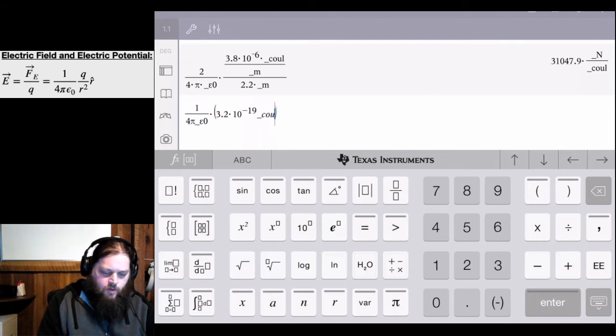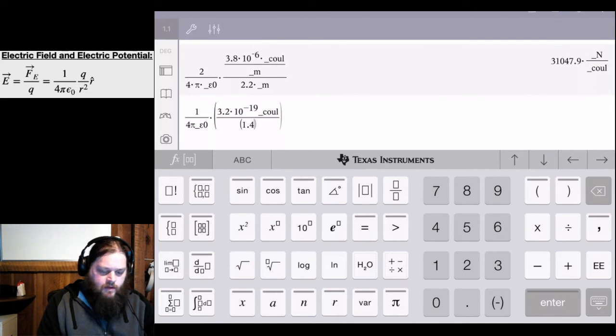And those are in coulombs. We're going to divide that by, I'm going to use parentheses because I'm going to have to square this value, times 10 to the power of negative 10. And this is in meters, and we're going to square that whole thing.